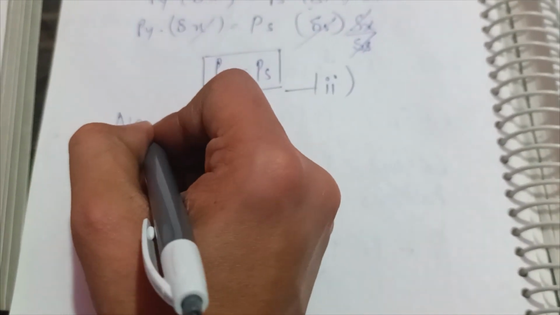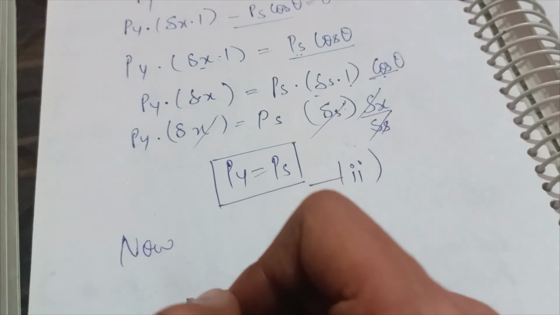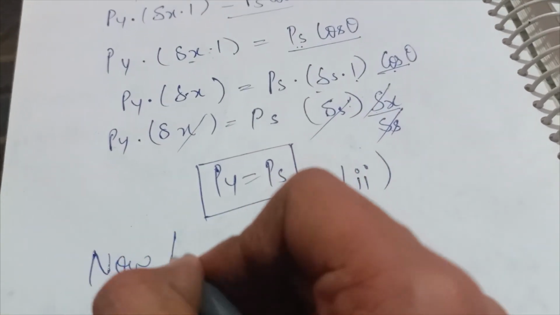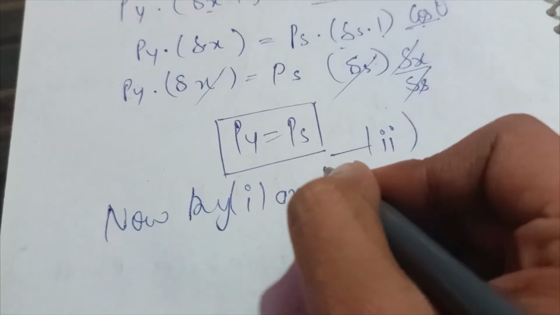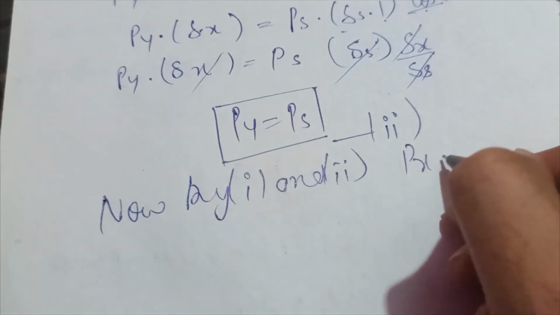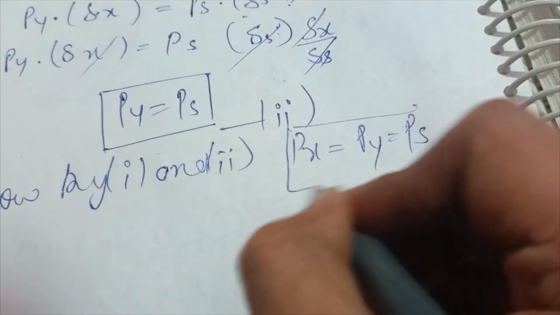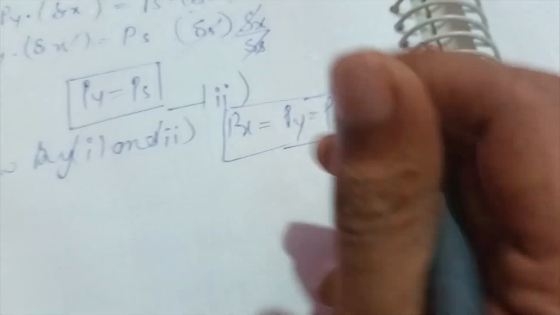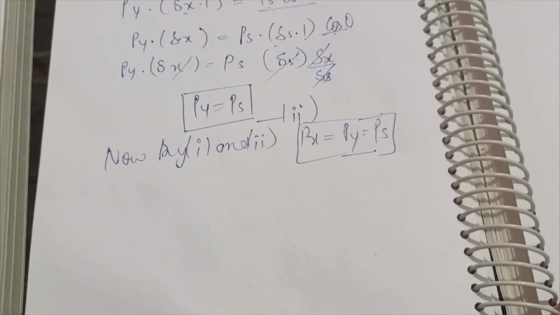Now, by the first and second results, Px equals Py equals Ps. All pressures are equal on that wedge-shaped fluid element.